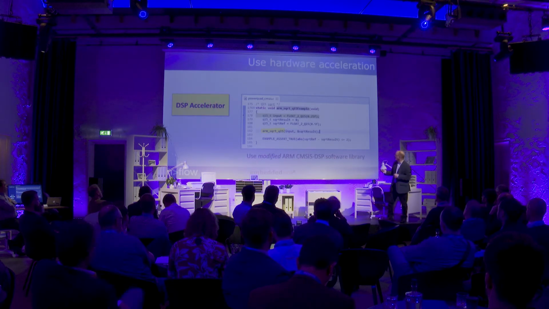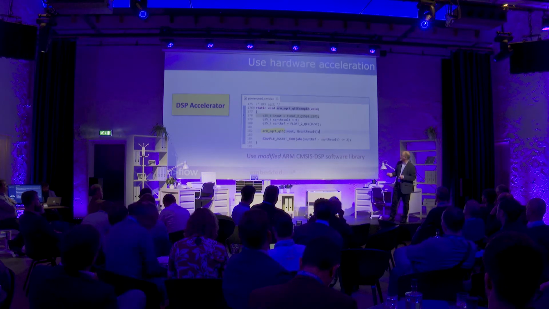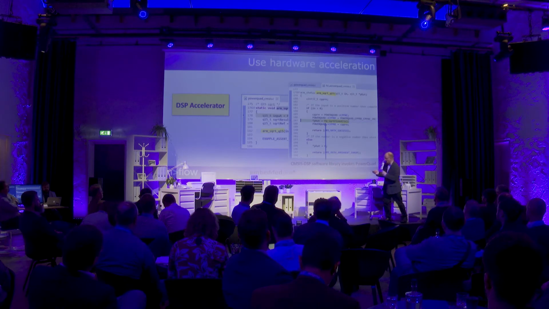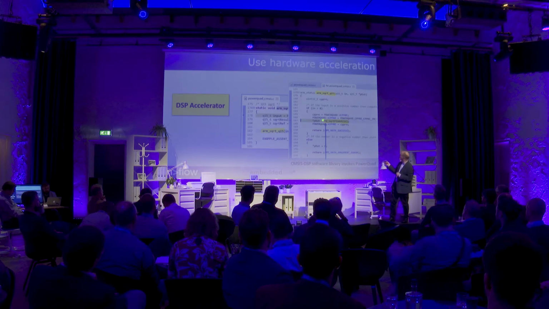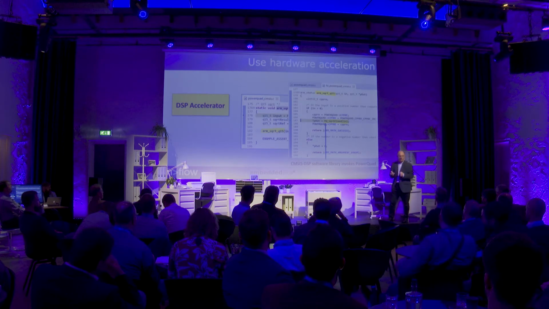Using the accelerator, exactly the same function call, but under the hood, there's a modified library from ARM, which is using the power quad. So instead of going to software, this function call is now sending this algorithm into the power quad, and that's doing it in hardware. Software can go to sleep and wait for that to complete, or software can get on with other tasks.